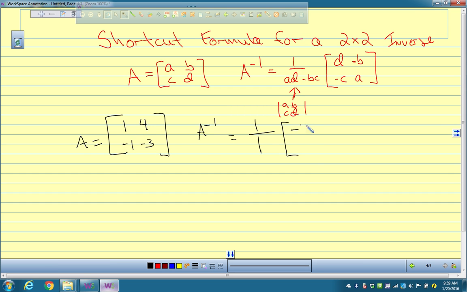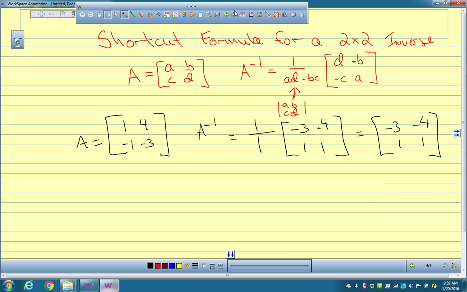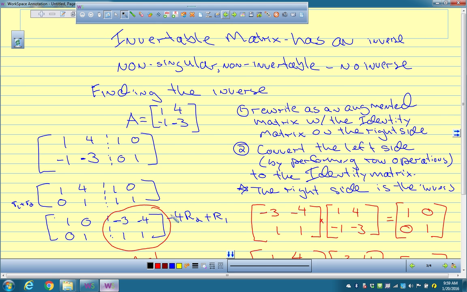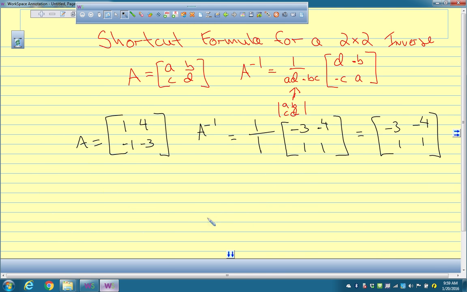You put the negative 3 up here, you put the 1 down here, and then you make these both the opposite. So you put negative 4 here and you put 1 here. You guys get it? If I multiply through, I get negative 3, negative 4, 1, 1. Is that what I had for my inverse in the last problem? It is. There it is. So that's the trick.